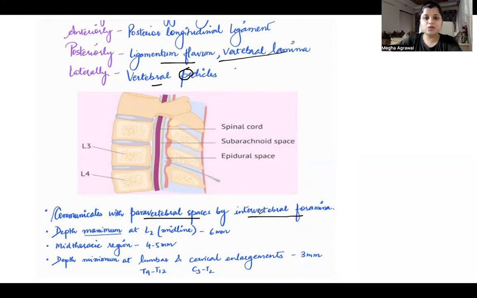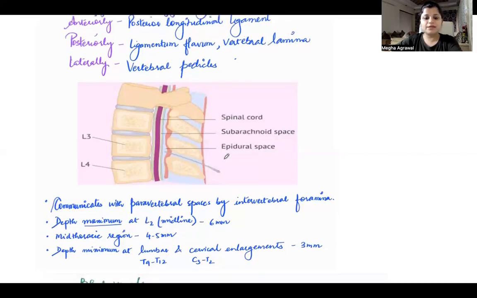So yes, the drug is not going into the brain, but it can go into the paravertebral spaces. Now, the depth is maximum at L2 level, midline, which is 6 millimeters, and it is minimum at the lumbar and cervical enlargements, as we have seen in that diagram of the spinal cord. So it is 3 millimeters there.